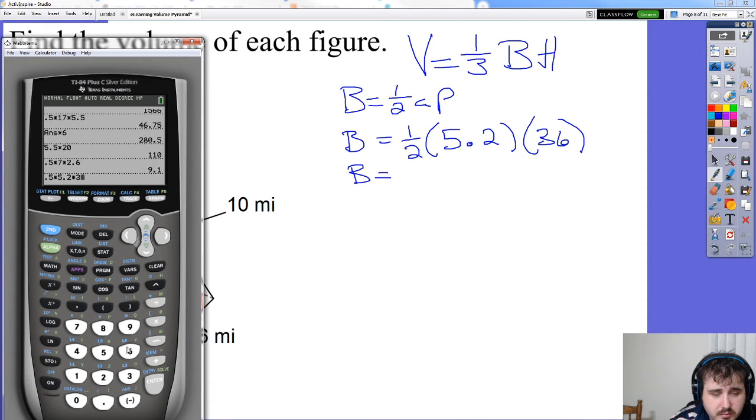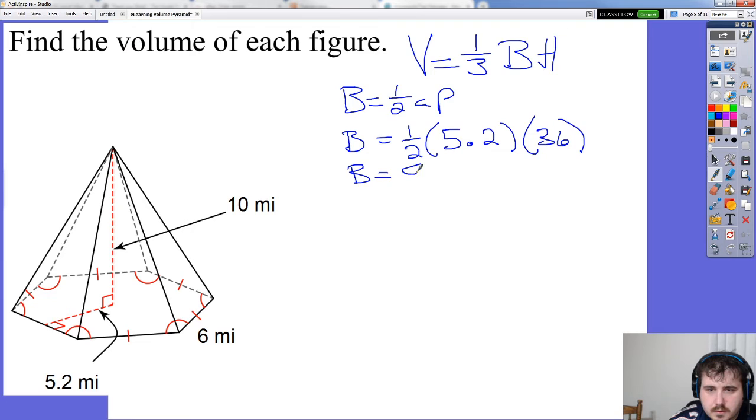Make sure you hit the right numbers, folks. 1/2 times 5.2 times 36. 93.6. That's the area of the base, and now we're going to do the height, which is 10.